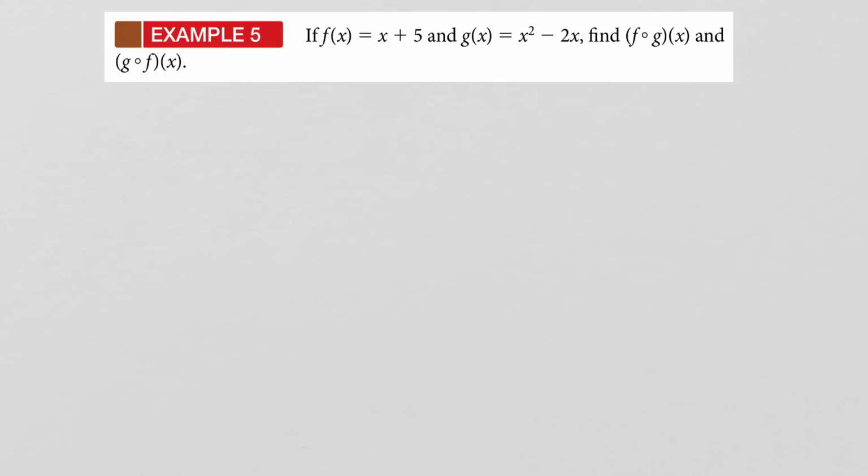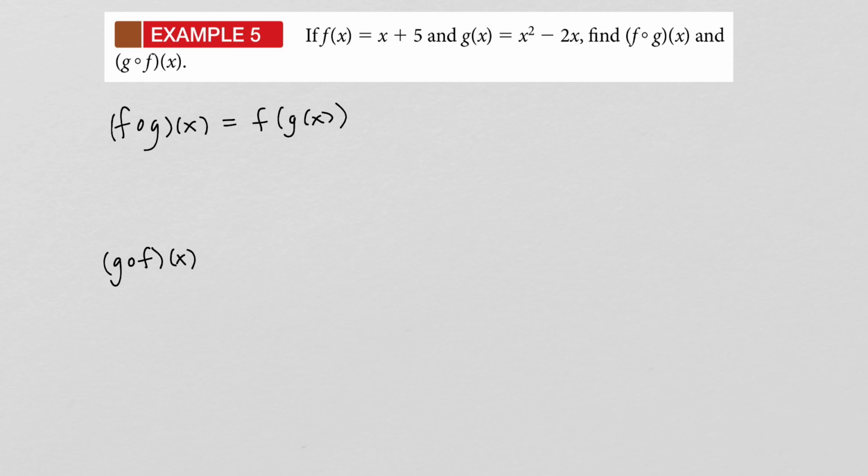So here we're given two functions, f and g, and we want to find f of g of x, which really just means this. And then second, we want to find g of f of x, which means this. So in the first one, f of g of x, we're taking the function g of x and plugging it into f of x.